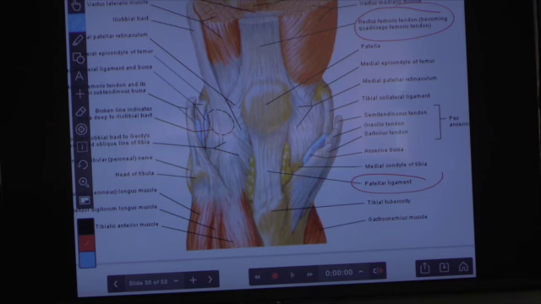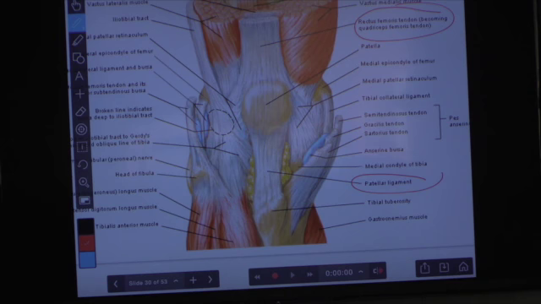All those ones originate from the ischial tuberosity. That's what makes them hamstrings. The muscle on this side is not a hamstring, it is biceps femoris, short head. It's innervated by a different nerve. It also originates from a different place compared to the others.